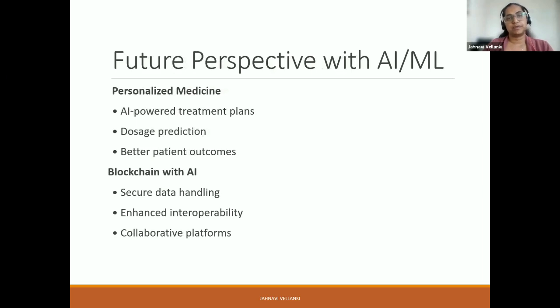A few future perspectives with AI and ML. AI is profoundly accelerating personalized medicine these days. With access to data sets, AI models can tailor treatments for a patient down to the medicine and dosage. AI can predict the patient's reaction to different therapies and personalized drug doses.